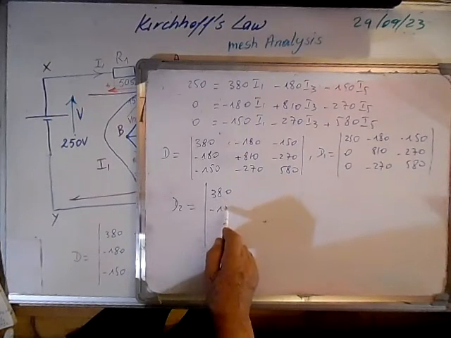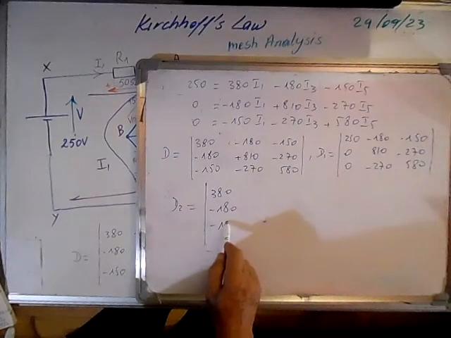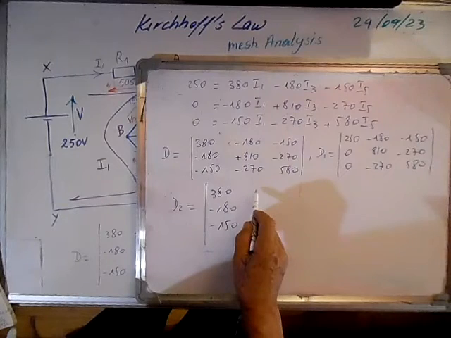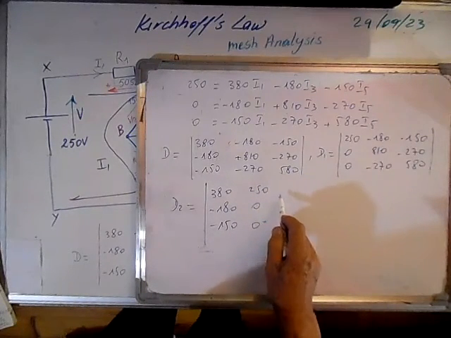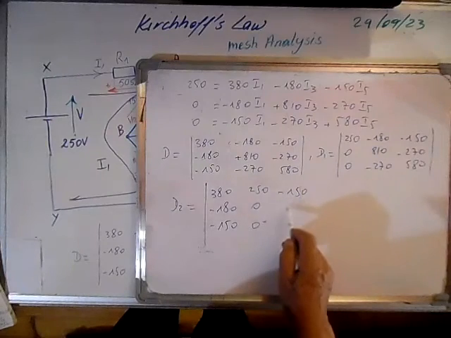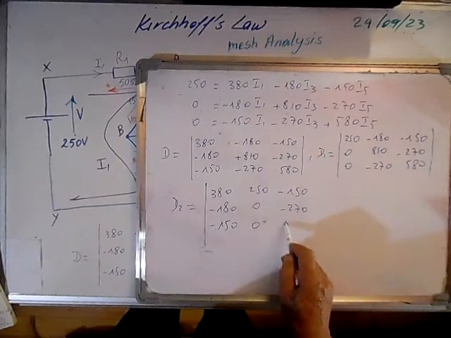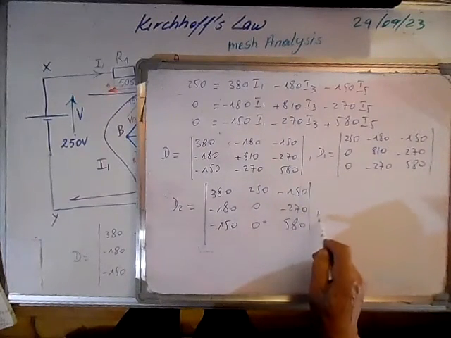D2 is equal to 380 minus 180, 150. Here the 250, 0, 0, minus 150, minus 270, 580.